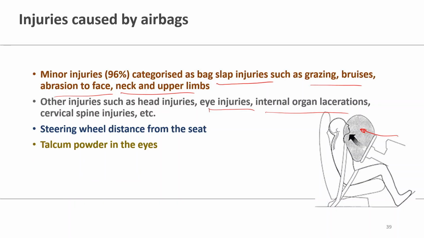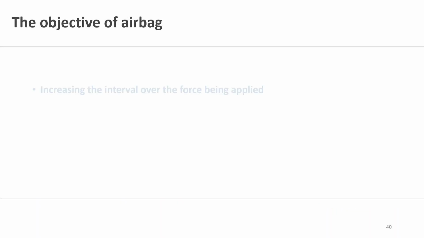So, there is also talcum powder in the eye. This talcum powder is sprayed on the airbag to keep it dry. So, when it comes into direct contact, the talcum powder comes into the eye, and some eye irritation can take place.